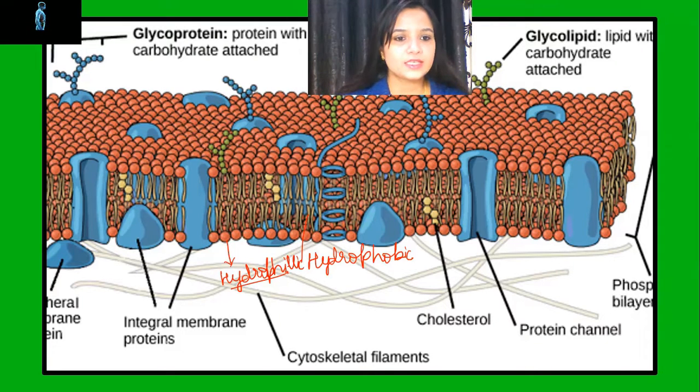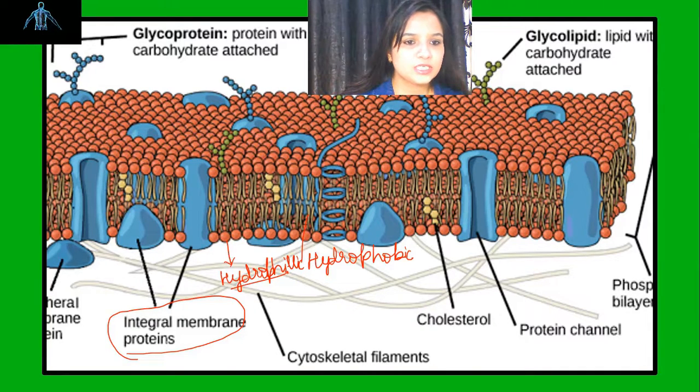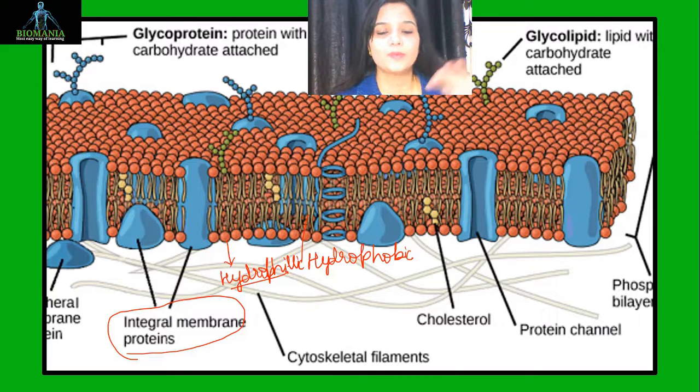Here you can see the integral membrane proteins. These integral membrane proteins are completely embedded inside the phospholipid bilayer. Here you can see the protein channels by which so many things can go inside the cell. What things are going inside the cell, what it is allowing, and how they are going, we will study later.